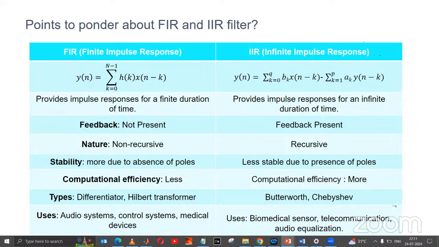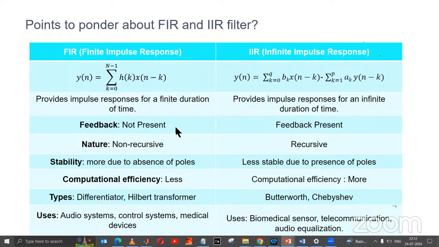But in the case of the IIR filter, the output depends on both the current and previous input samples as well as the previous output samples. The FIR provides the impulse response for a finite duration of time, but the infinite impulse response provides it for an infinite duration of time.